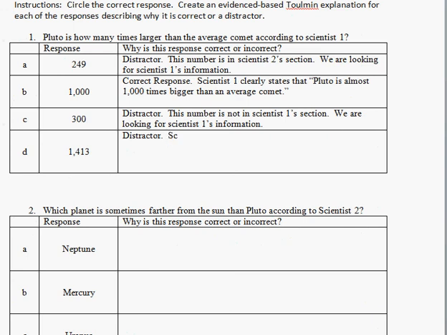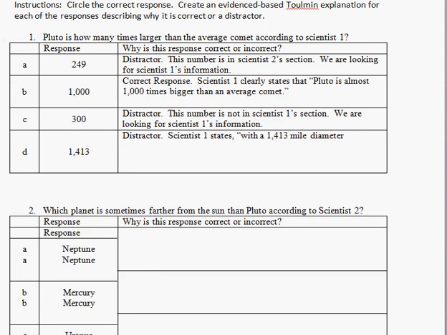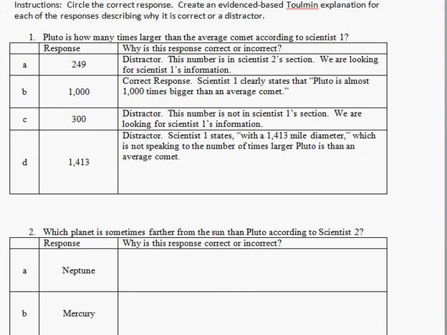So Scientist 1 states, and I'm putting a quote, with a 1,413 mile diameter, which is not speaking to the number of times larger Pluto is than an average comet.